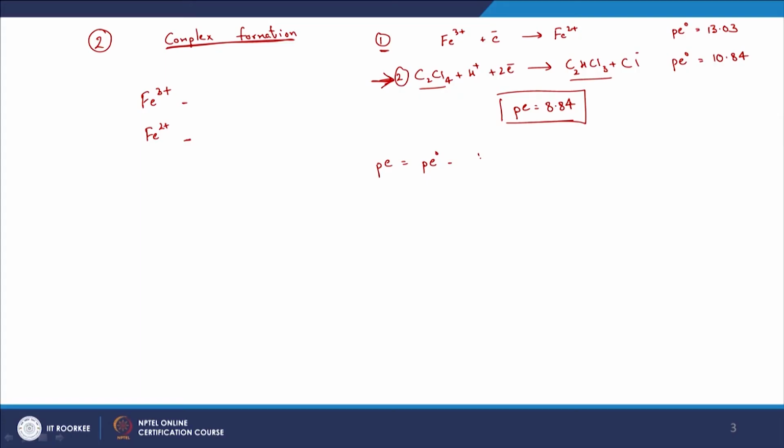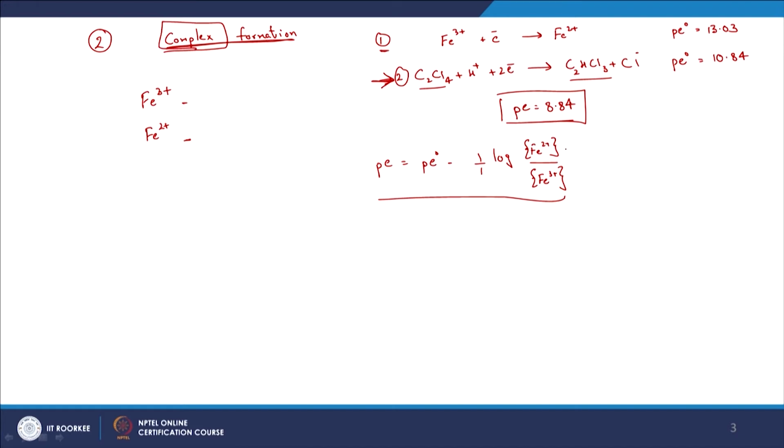This will lead to a change in the variables in this equation: P equals P naught minus 1 by n, which is 1 electron transfer here, log activity of Fe2+ by Fe3+. This is the equation for which we are going to recalculate the numbers, considering that we have complexes being formed.